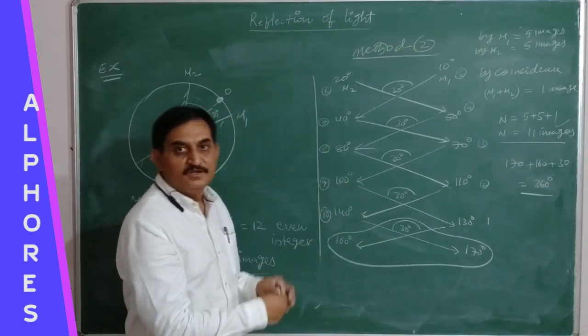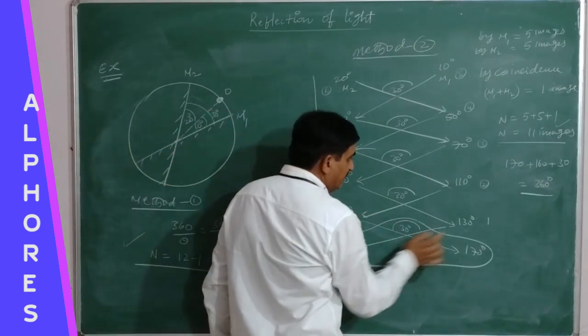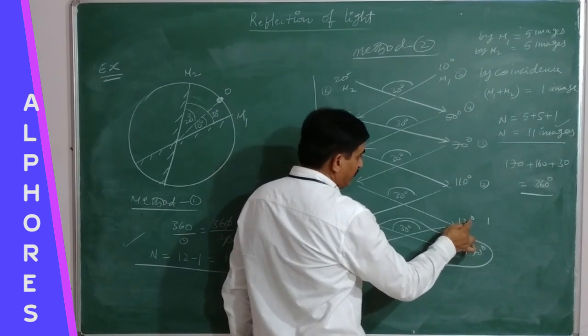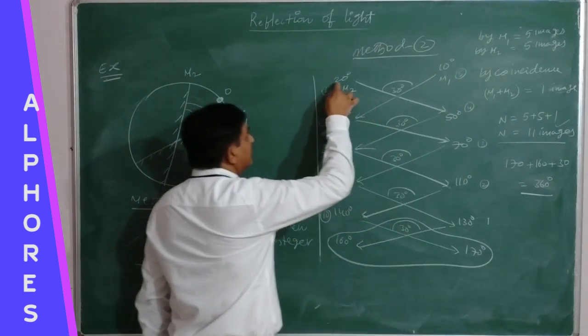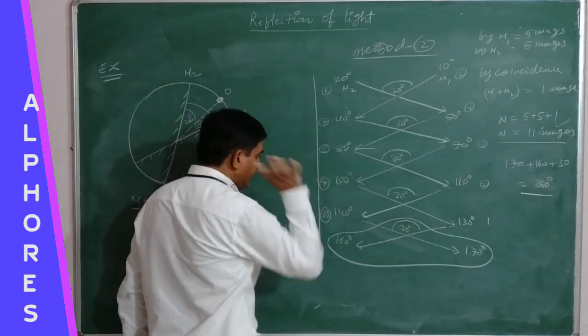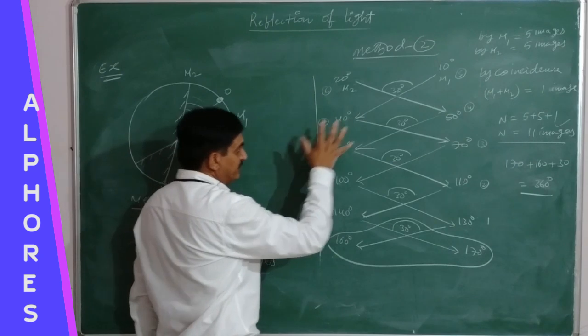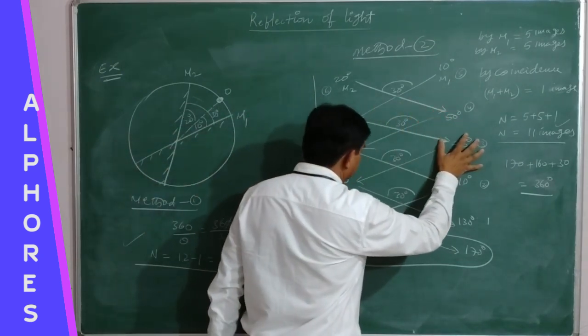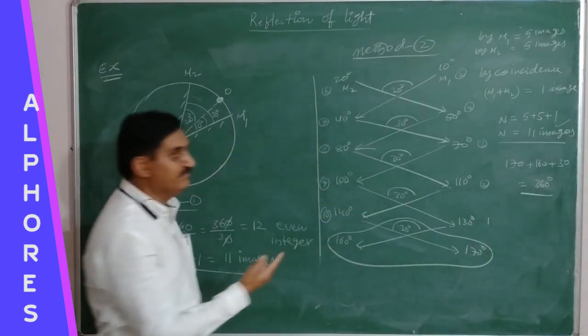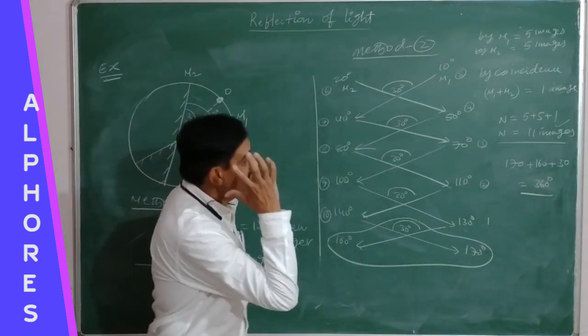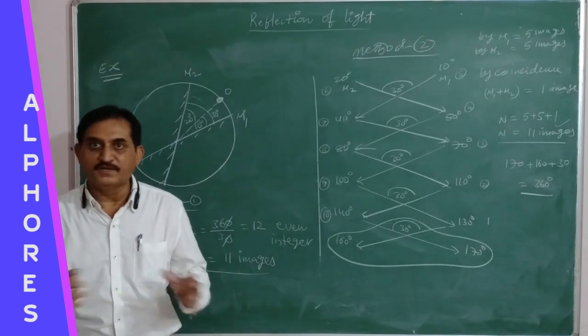Now count them. So here this is a single one. Start with here, M1 is producing number of images 1, 2, 3, 4, 5 and M2 is 6, 7, 8, 9, 10. So this is forming 5 images and this mirror is also forming 5 images. As a whole 10 plus here 2 images coincide will give a single, as a whole 11 images are formed by the two plane mirrors.